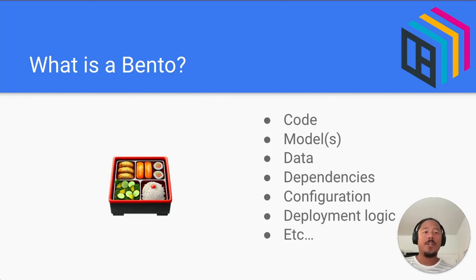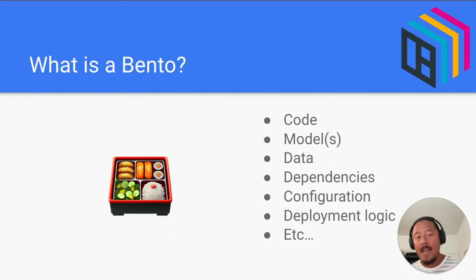A typical machine learning service, as you might have guessed, contains a lot of different components, certainly more than a typical software application. You've got the service code that contains pre and post processing logic, along with all the routing and validation logic. Then you've got all the various dependencies needed to run the service. You may have one or potentially many models.